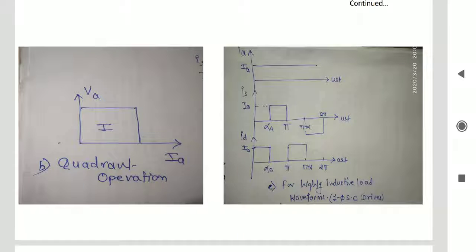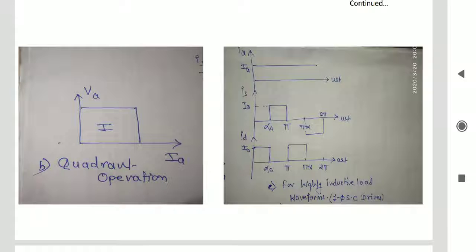In the next diagram, there are the waveforms for a highly inductive load, where IA is positive, which is a constant having magnitude equal to IA. The next one, supply current IS, has two polarities, positive and negative.